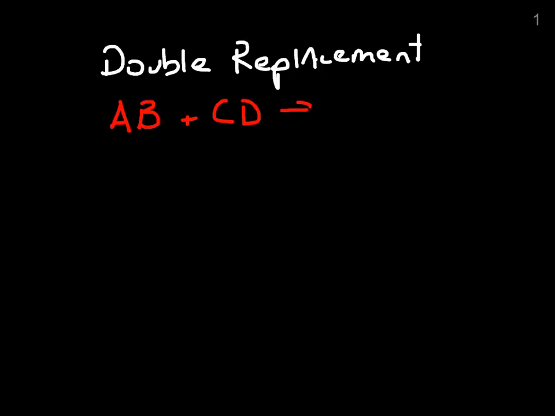And then what's going to happen is the A is going to go with the D. So A combines with a D, and C then combines with a B. So it's sort of a switcheroo. So the A right here is going to go over and link up to the D, and the C is going to come back and link up to the B. What's happening is these are always ionic equations.